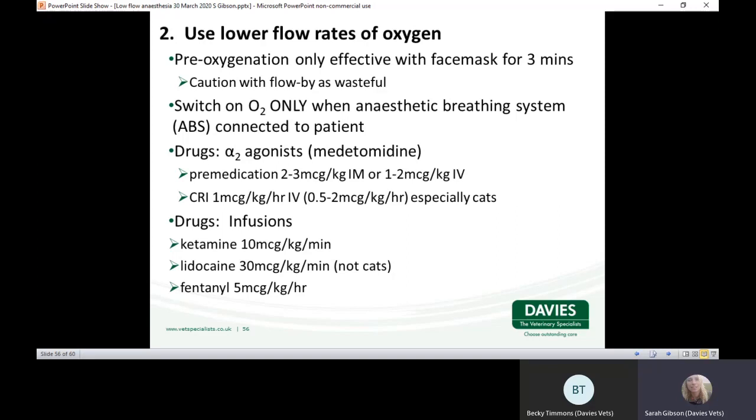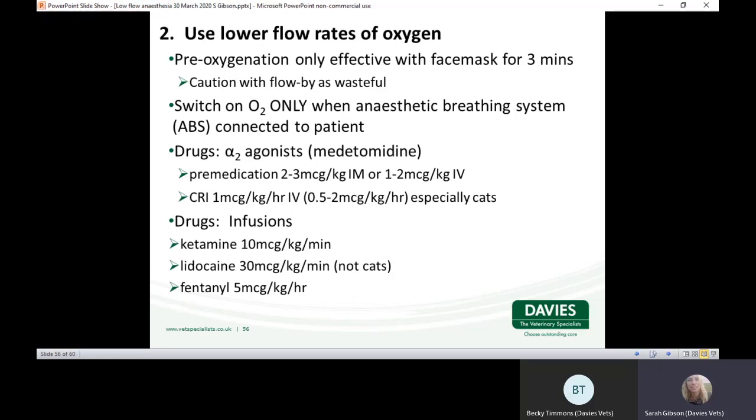Another way is to consider using extra drugs. For example, alpha-2 agonists like medetomidine can be very beneficial if included into the pre-medication or used as continuous rate infusions during anaesthesia, particularly in cats. These can help provide a more stable plane of anaesthesia and perhaps reduce the volatile requirements and any incidences of becoming into a more light plane of anaesthesia during surgery.